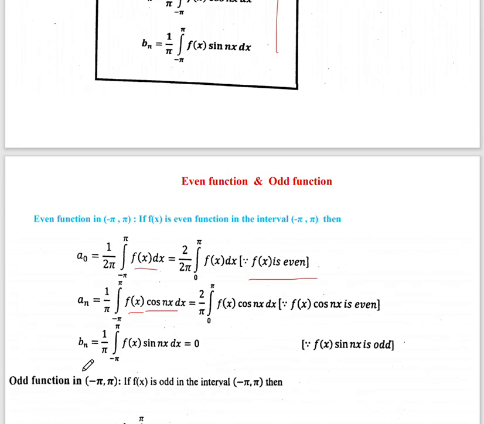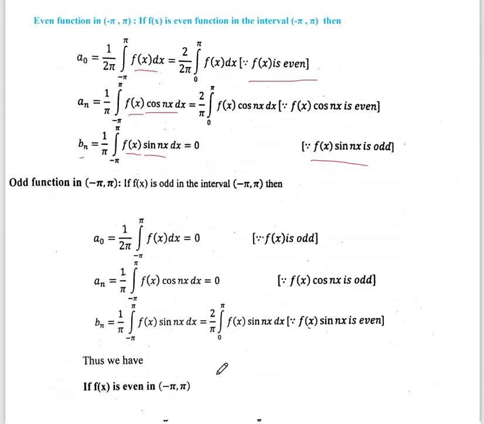Third, bn = 1/π integral from −π to π f(x) sin nx dx. Here f(x) is an even function and sin nx is an odd function. The product of an even and an odd function is always an odd function. So by the definition of the odd function, the value of this integral becomes 0. Therefore bn = 0.